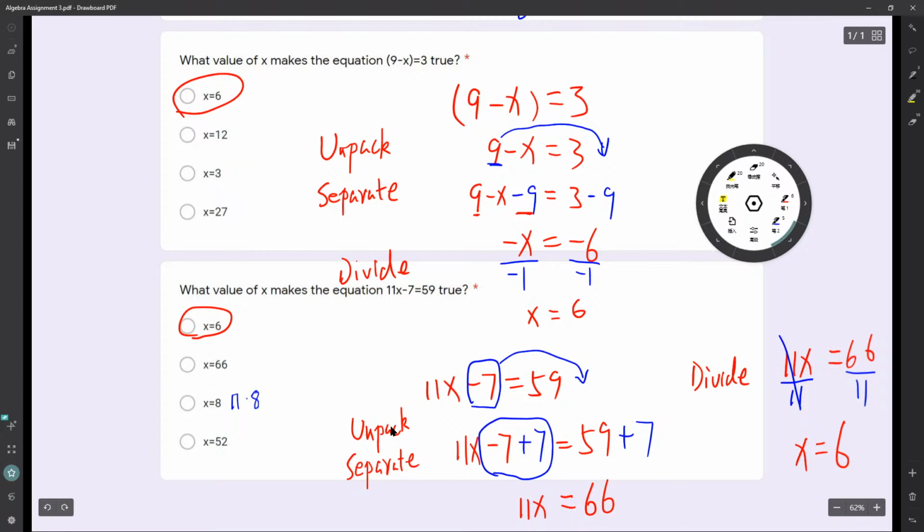So 11 times 8, subtract 7. 11 times 8, that's 88. Subtract 7, that's 81. And that's not 59. So that means this is false. If your value cannot make this true, then that's not the answer. So that's one testing strategy.